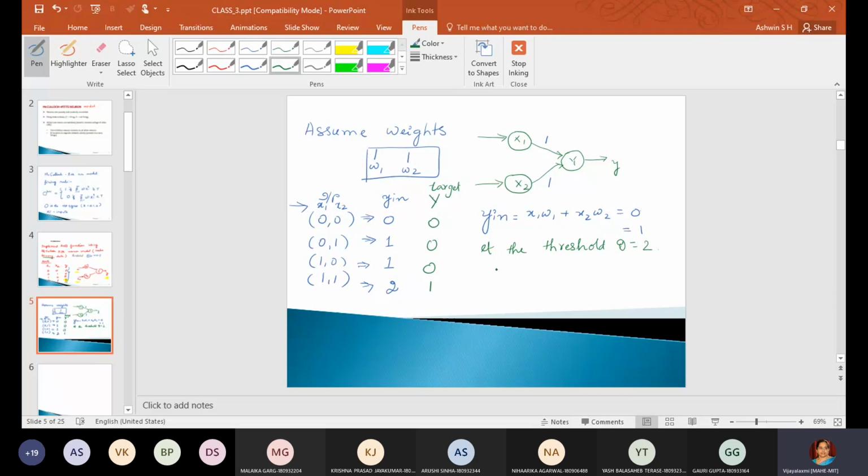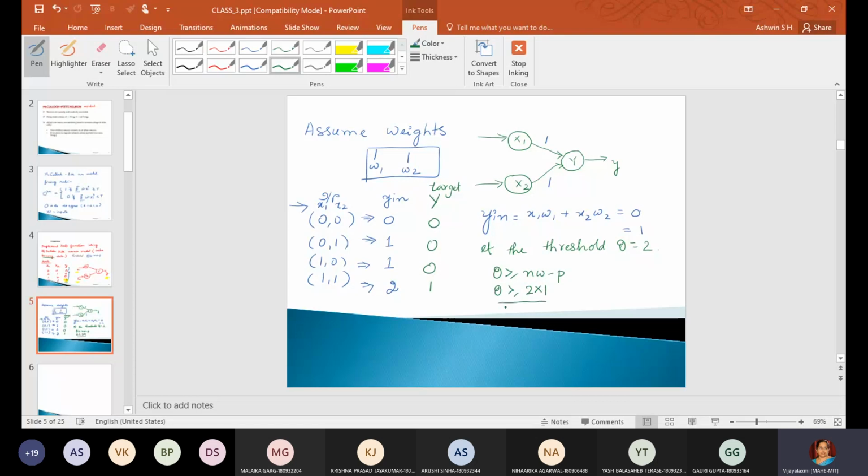Theta should be greater than or equal to nw minus p, where n is the number of inputs, w is the excitatory weights, and p is the number of inhibitory weights. Here we do not have any inhibitory weights, so it is only the threshold. So n is 2, 2 into w, which is 1 here, excitatory. So theta should be greater than or equal to 2.